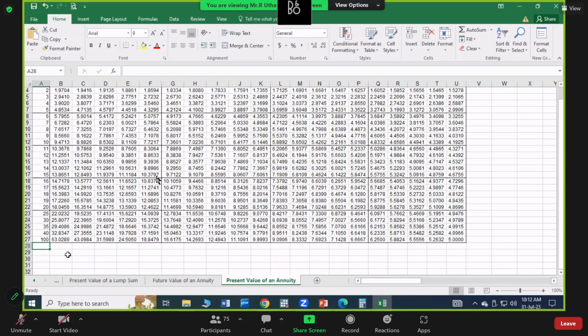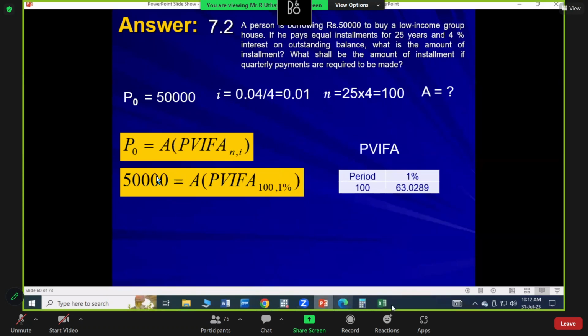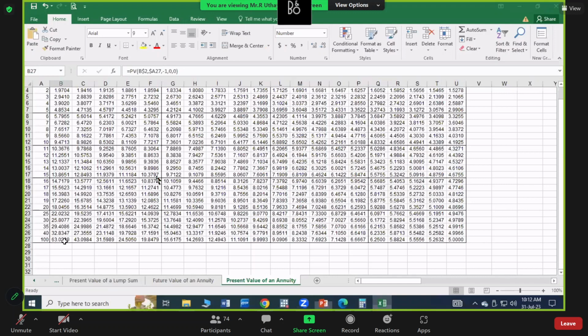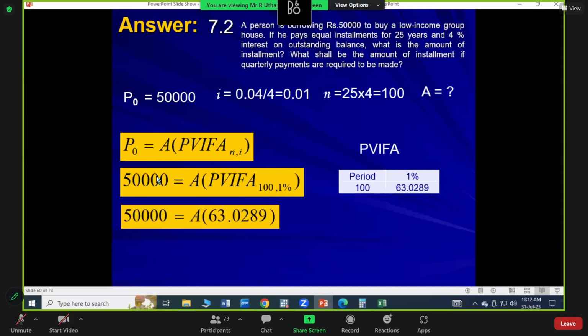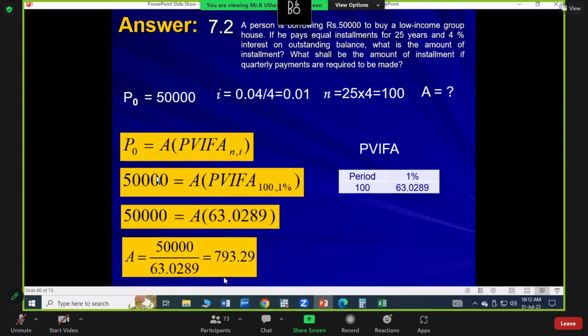Yeah, the value is coming as 63.0289. Good. So this is correct. So substituting this one, you can find a value 793.29.